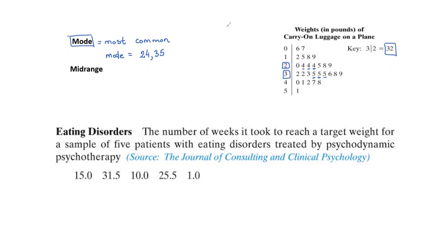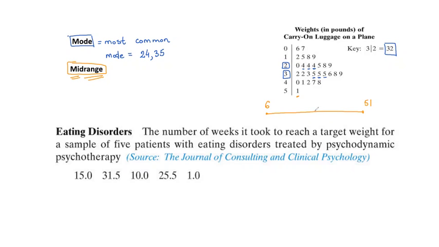And now the next one, which is not very popular, but we will talk about it. This is the mid-range. The mid-range is actually the middle of the range. So in order to visualize this, let's look at the lowest value here. The lowest value here is 6 pounds. And the largest value here is, well, right here, 51.